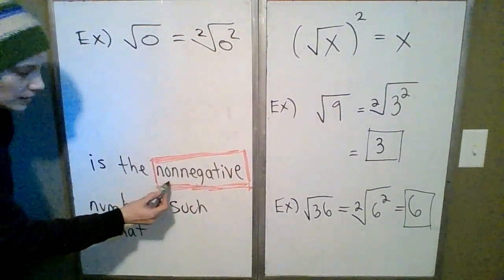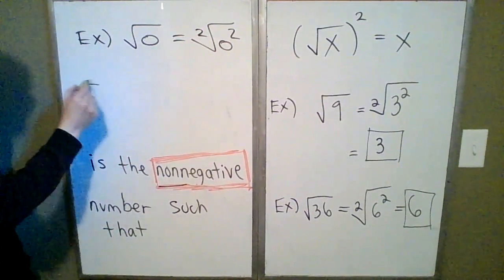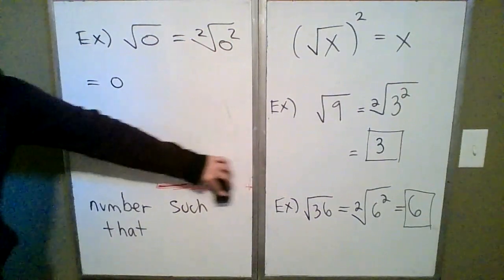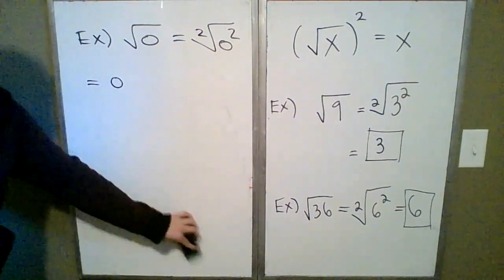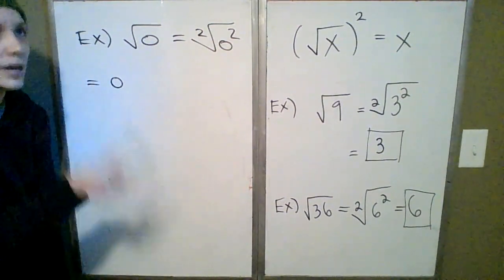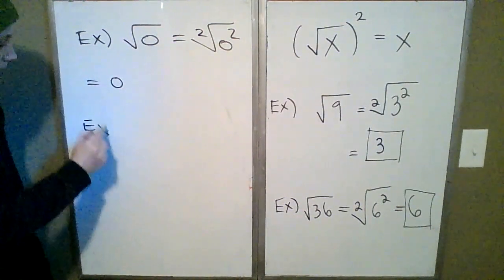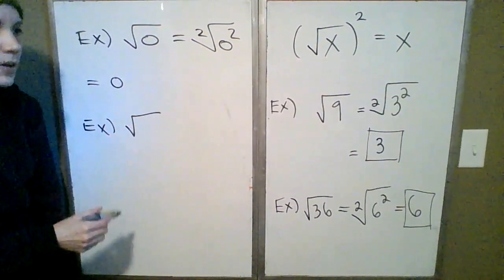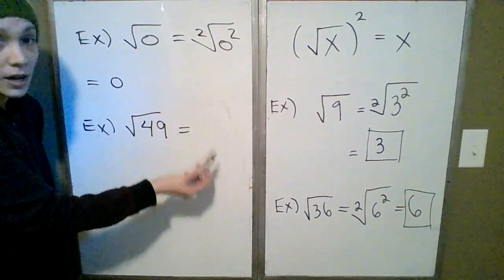So that's why we have the non-negative. We include 0. And all other square roots are going to simplify to 0 or positive numbers. Square root of 49 is positive 7.